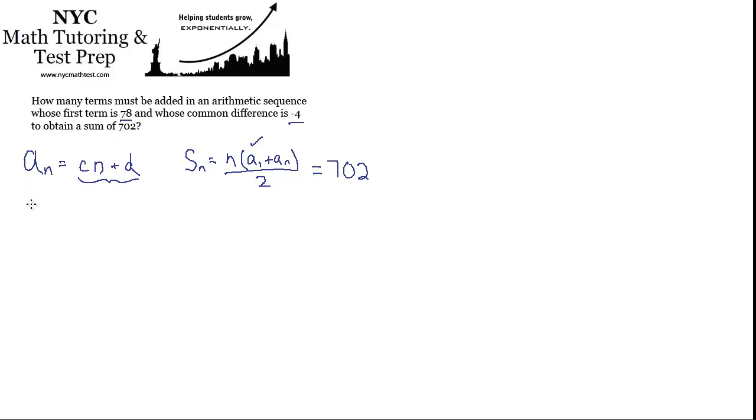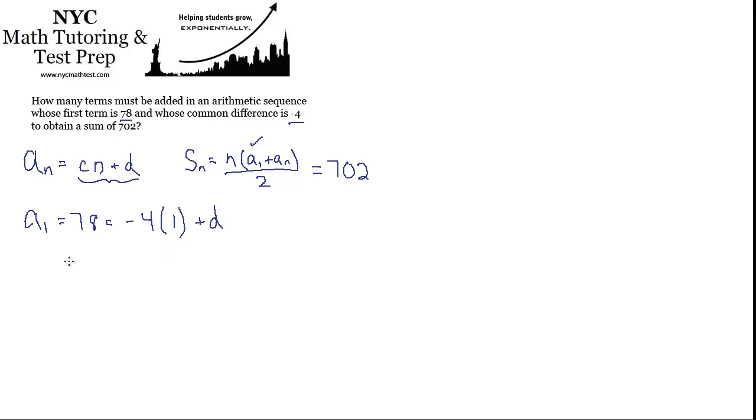How would we actually express a sub n? Well, we know the first term is 78, so a1 equals 78, which equals the common difference, they told us is -4, times n. We know n is 1 because we're talking about the first term, plus d. We don't know d, so we have to find that out.